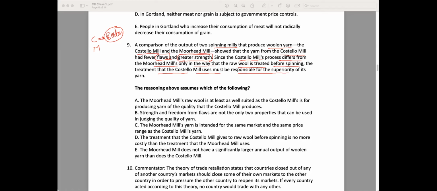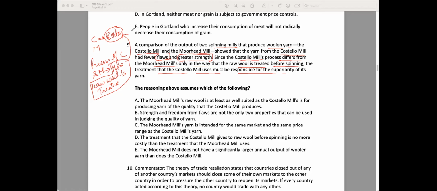So the process of C and M, it's different only in terms of how the raw wool is treated. So this is the only difference in the process. This must be the cause of better yarn in the Castello mill.